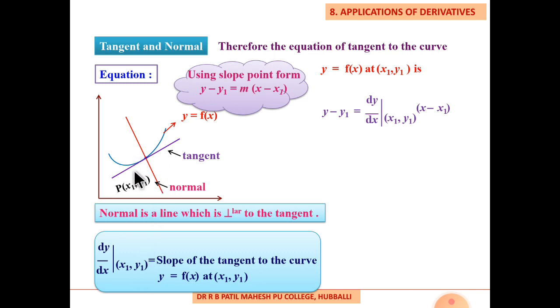Now by using the point slope formula, what is it? y minus y1 equal to m into x minus x1. So the equation of this tangent is y minus y1 equal to, in the place of m, dy by dx at (x1, y1) into x minus x1.